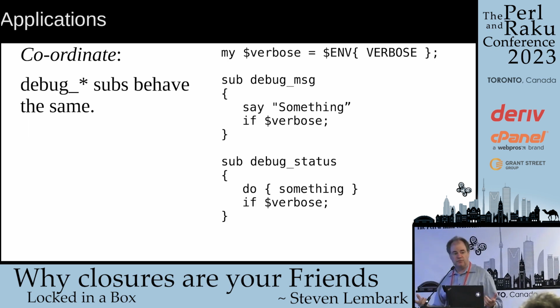Another thing that they're nice for is coordination, again, because these are stable and they're lightweight. Whatever I set verbose to at the start, all of these different messages, I know they're going to behave consistently.